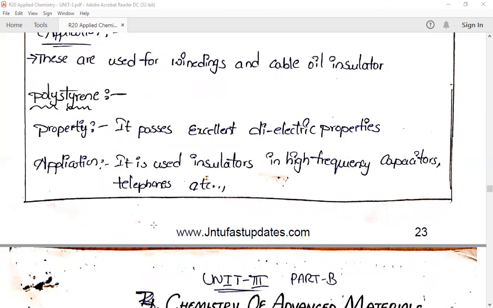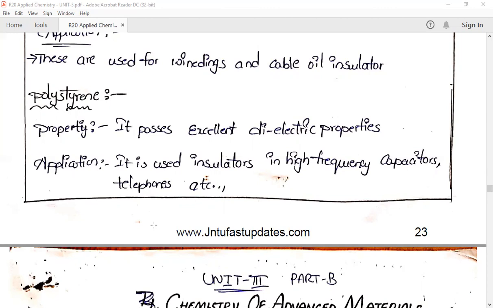It possesses excellent dielectric property and is available in the form of transparent film, rod, tube, and foam forms. Foam means a bubble formation.